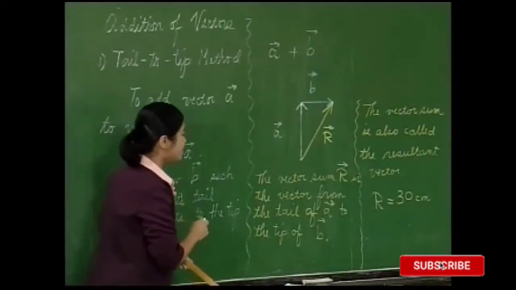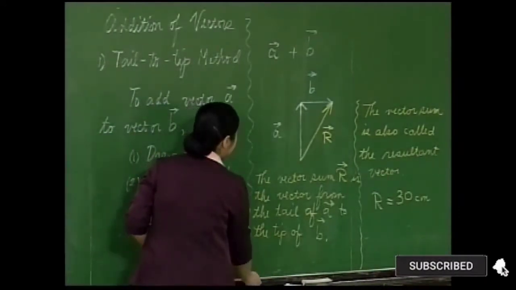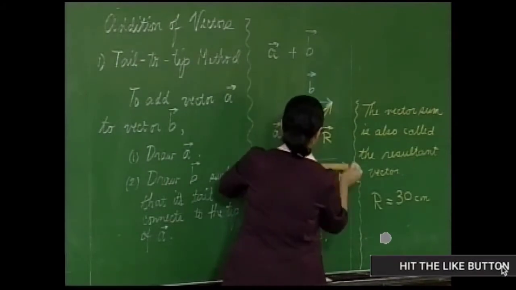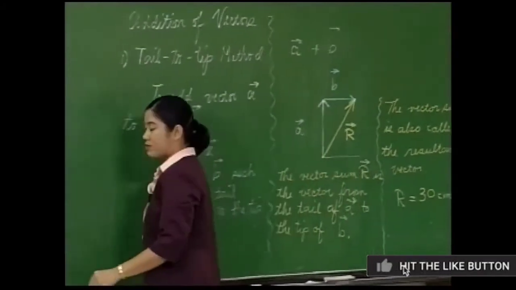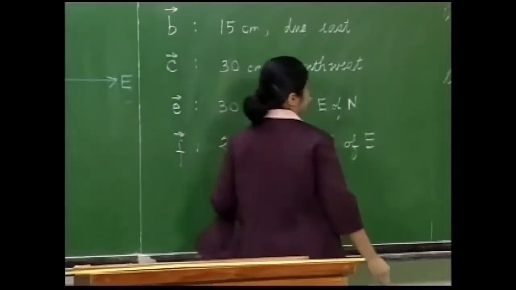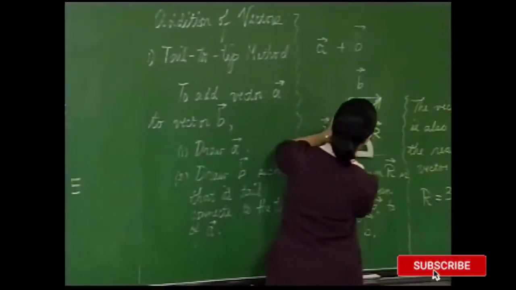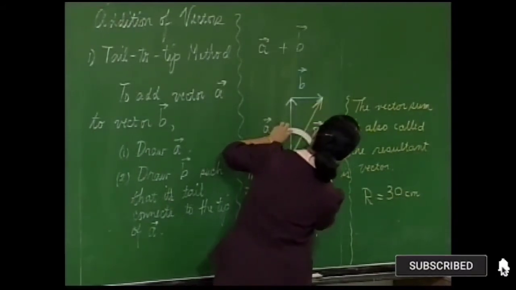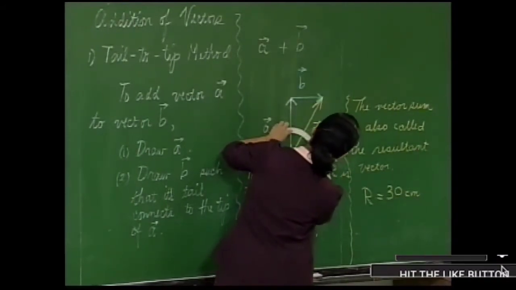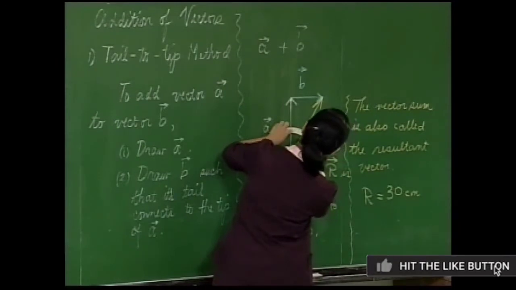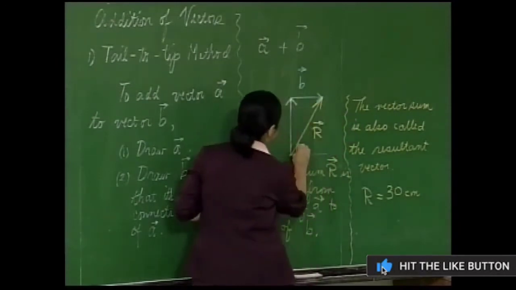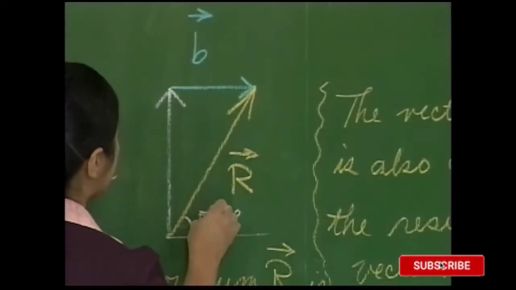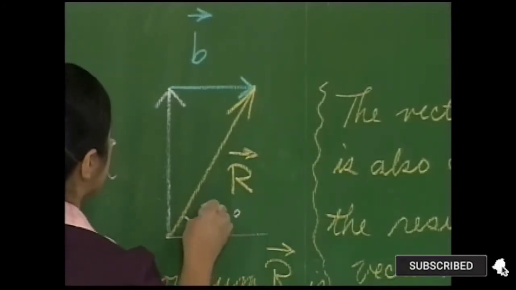I specify the direction. So again, I will make use of my protractor. And the angle is 10, 20, 30, 40, 57. So this is 57 degrees.